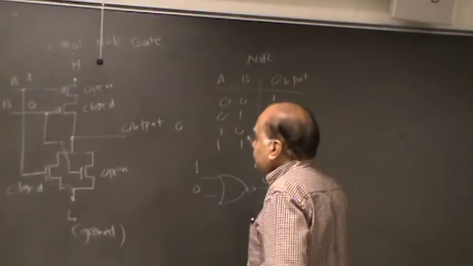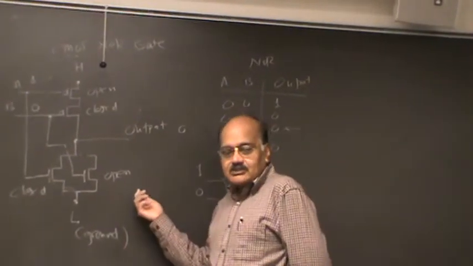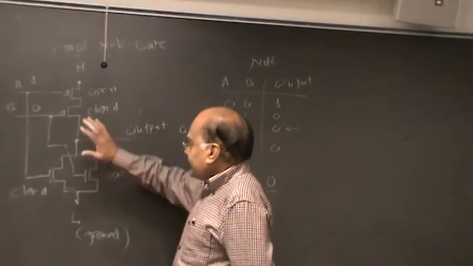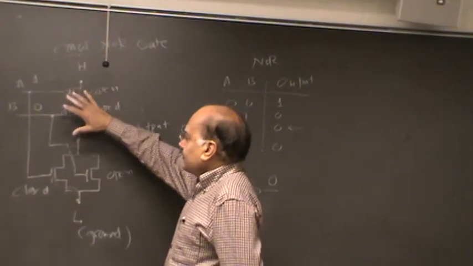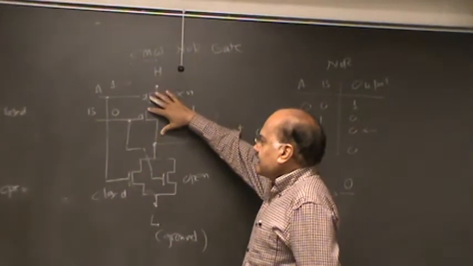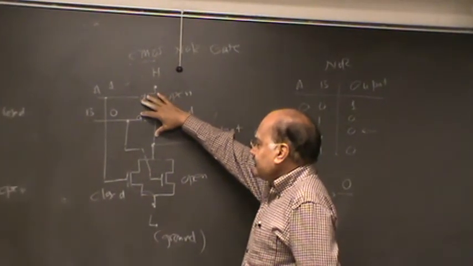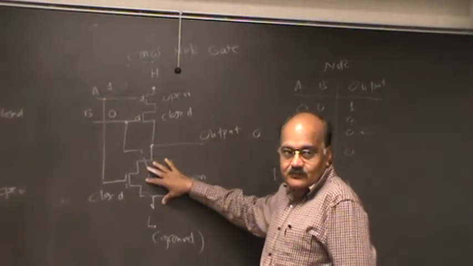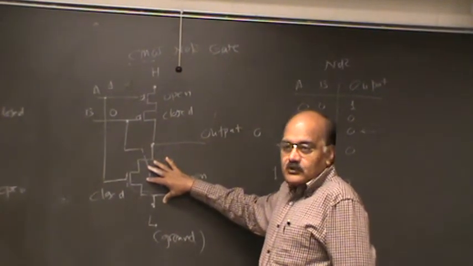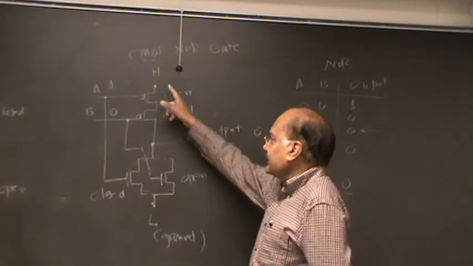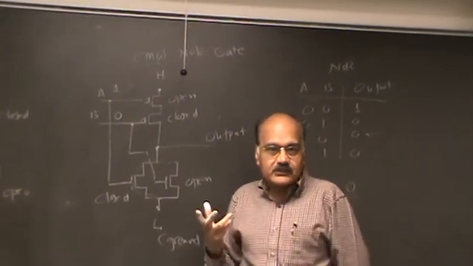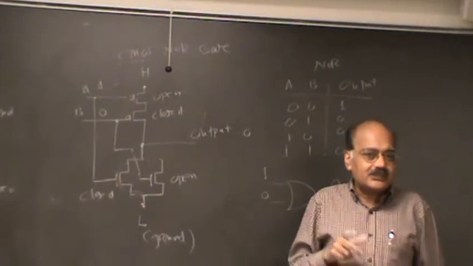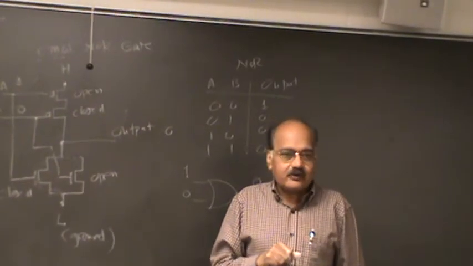And incidentally, notice here that in a CMOS circuit, either you will not have a direct connection between high and this, or you will not have a direct connection between this and this. So output at a given time is either connected to high or low, but not both at the same time, except when there is switching, when a transition is going on.